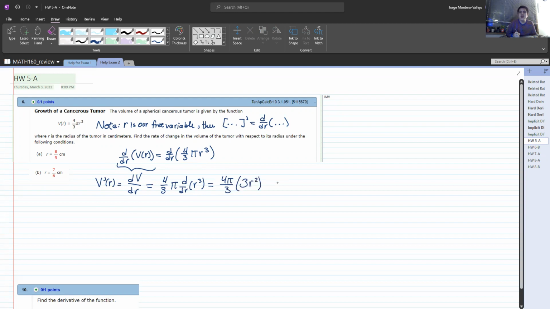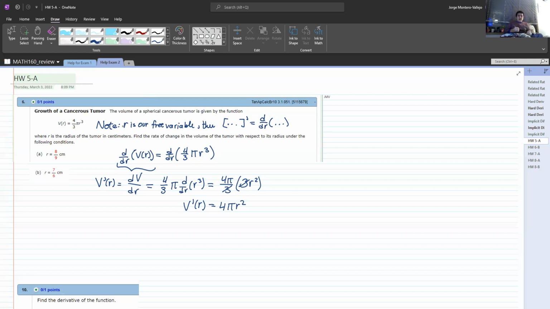We would do dR, but R is our free variable already, so we don't do that. We can simplify a little more. The 3 and the 3 cancel each other out. Then we have 4 pi R squared, and that's our rate of change. That's the rate of change of the volume of the tumor for whatever radius we have.